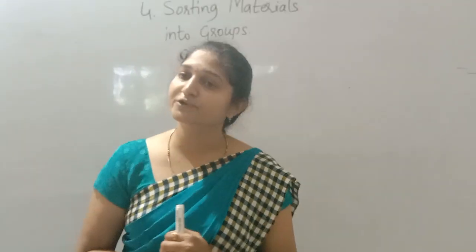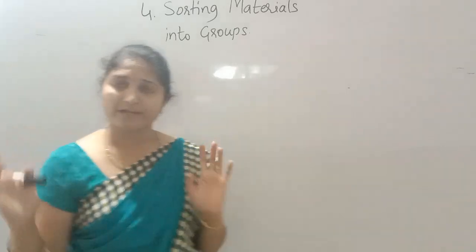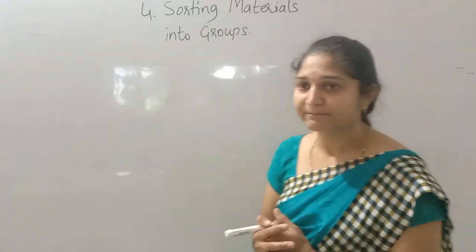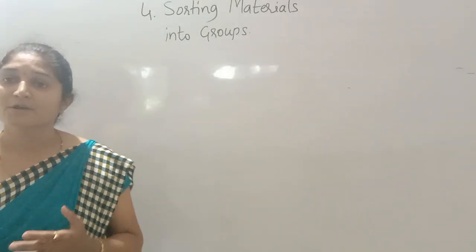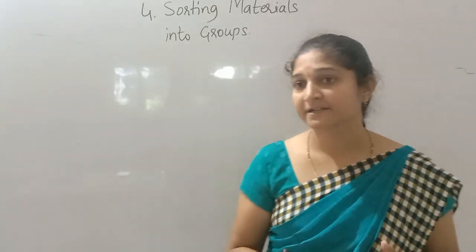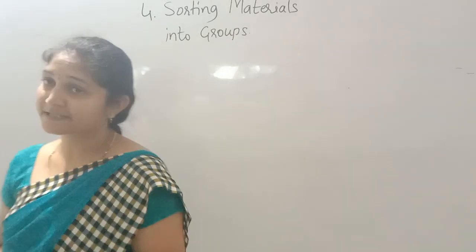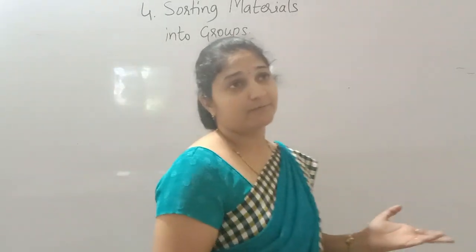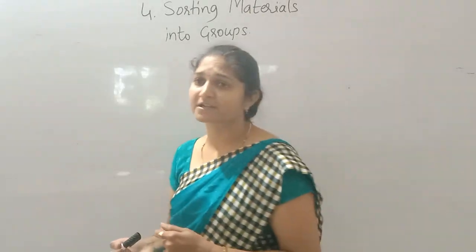Sorting materials into groups means what? We need to make them separate. There are varieties of substances around us, right? Let us consider maybe vegetables, maybe fruits or clothes, right? And books, stationery materials, any electrical tools, goods, okay? The vehicles and the instruments, the parts of a vehicle.